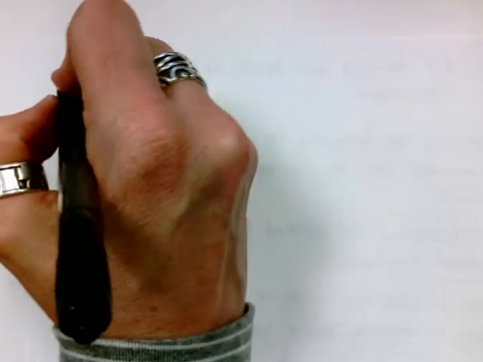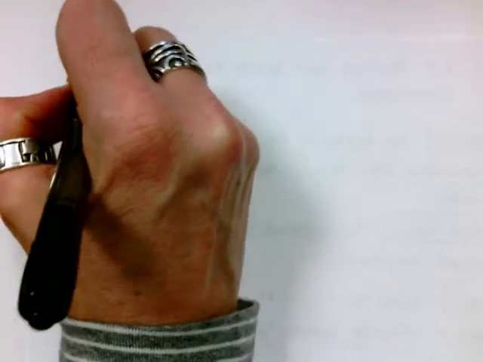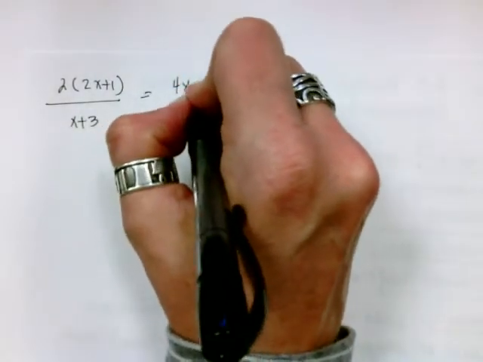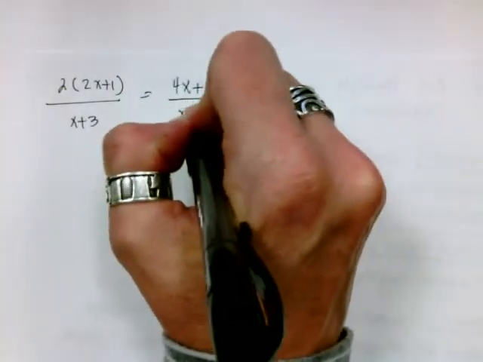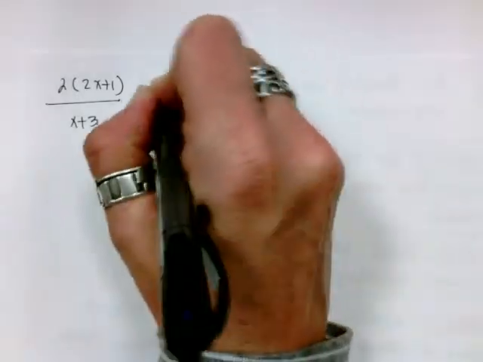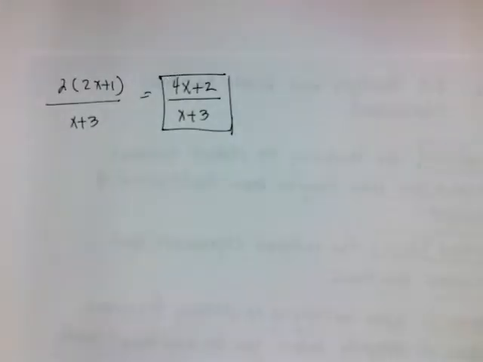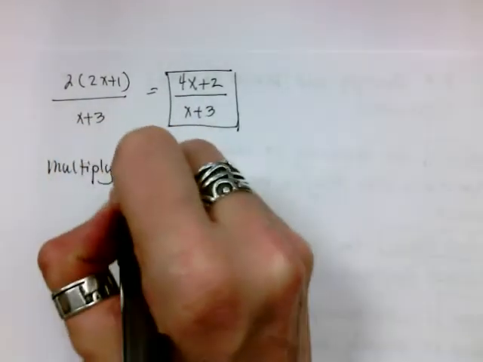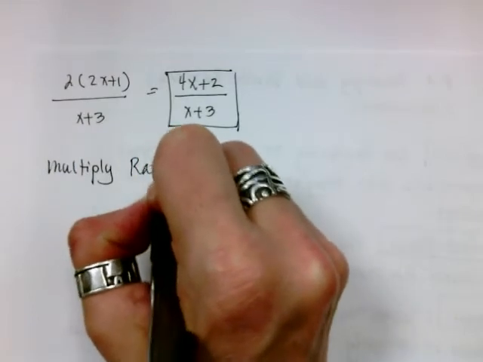So I would have 2 times 2x plus 1, divided by x plus 3. I would redistribute on the top, and I'm going to get 4x plus 2 over x plus 3, and then that would be my answer for that one. All right. So the next thing that we're going to do is multiply rational expressions.